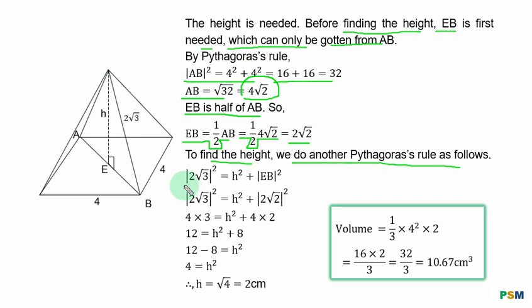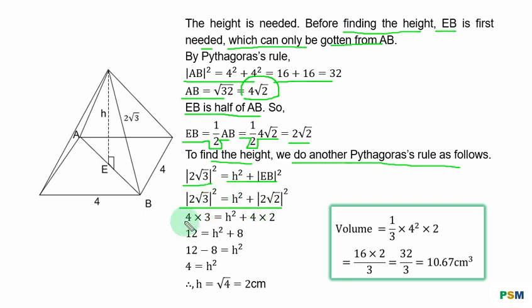So square on it is equal to sum of squares on the other two sides. You have it in this form. You replace EB with 2 root 2.